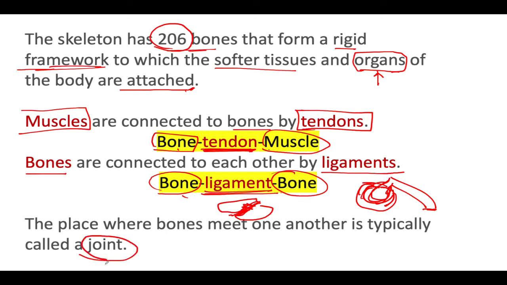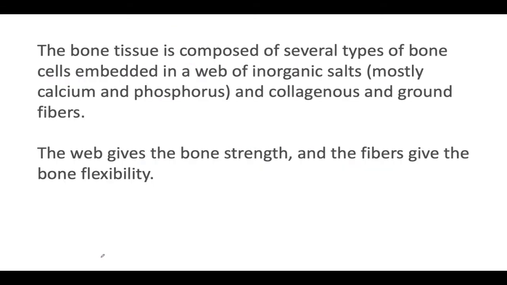Now, the bone tissue is composed of several types of bone cells embedded in a web of inorganic salts, mostly calcium and phosphorus, and collagenous and ground fibers.